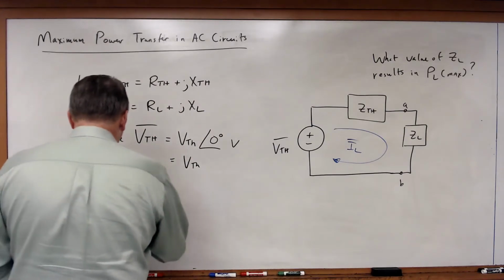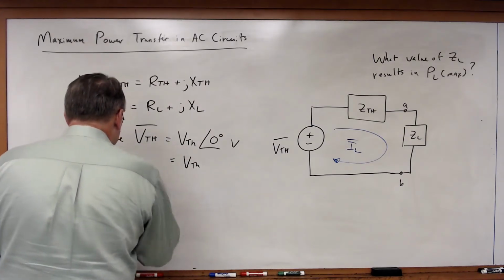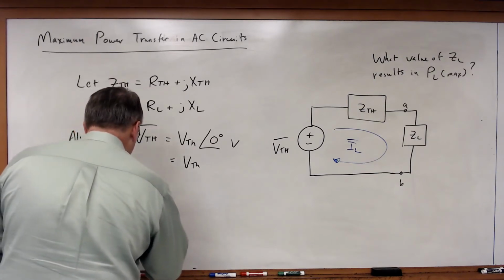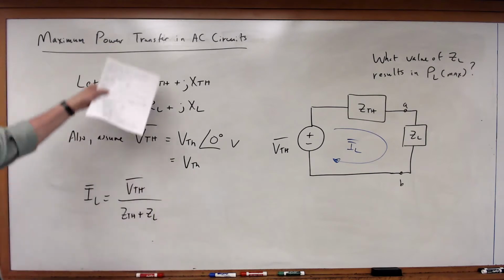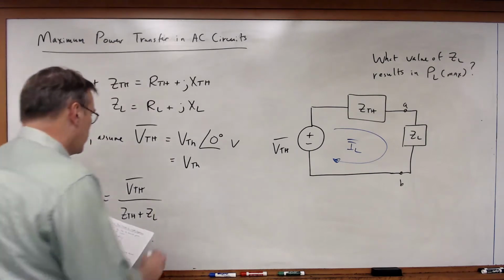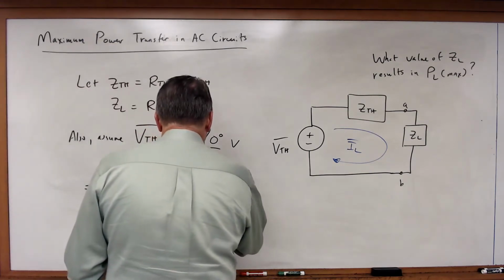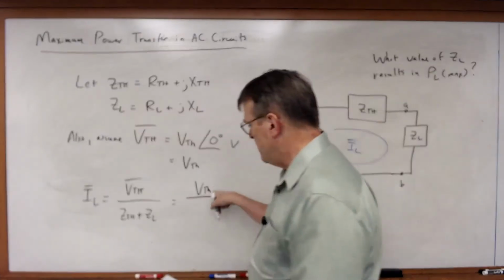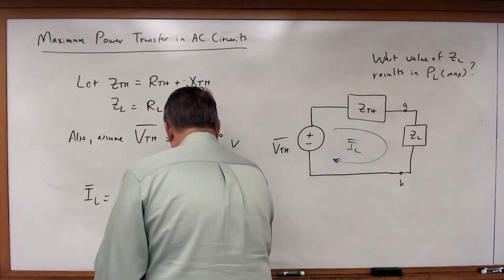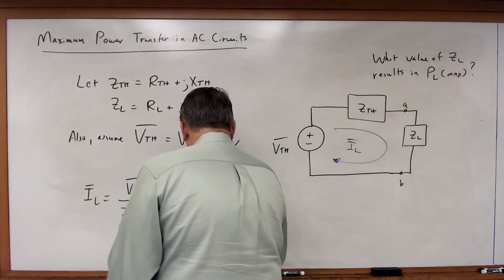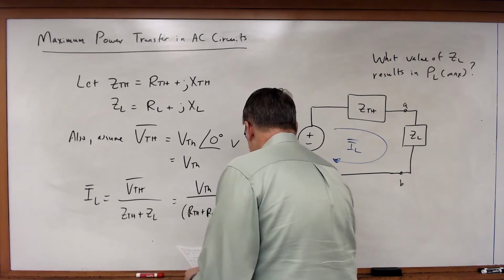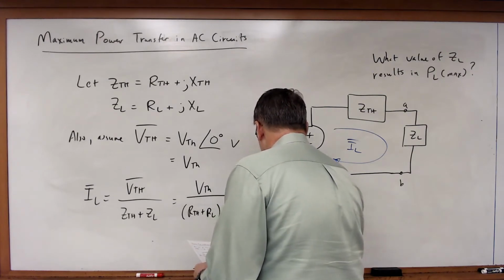IL is equal to VTH over ZTH plus ZL. Plug in all these values, and I will get VTH magnitude divided by RTH plus RL plus J times XTH plus XL.